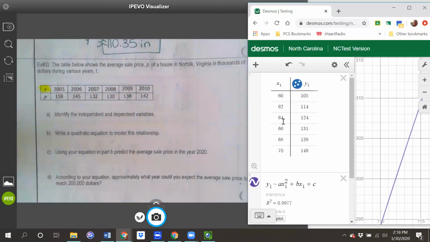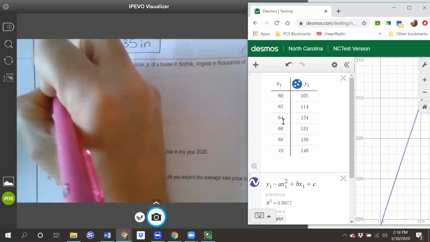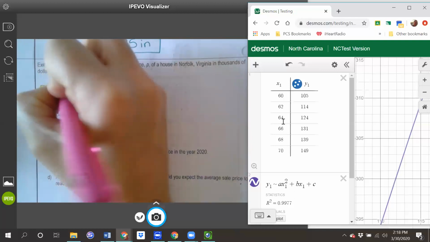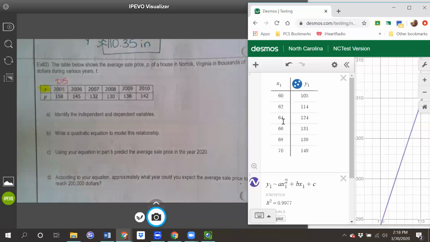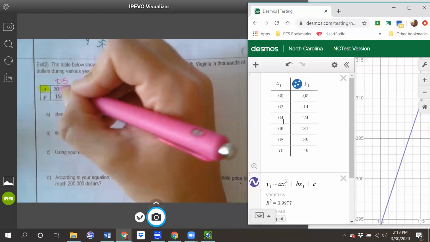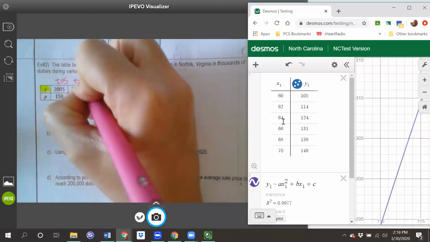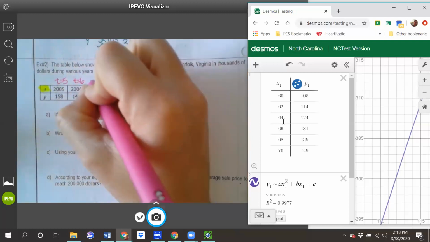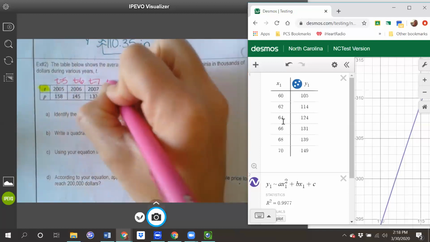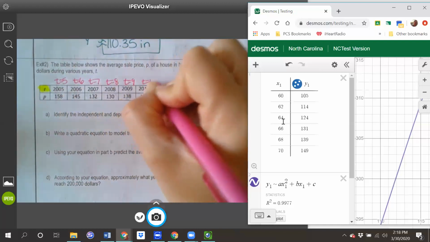Or I like to be a little more transparent than that. Instead of using 2005, I would just call that a time value of 5. That way my numbers aren't going to be ginormous. I'm dealing with more manageable numbers. So if 2005 is 5, then 2006 is a time value of 6, and 7, and 8, and 9, and 10.